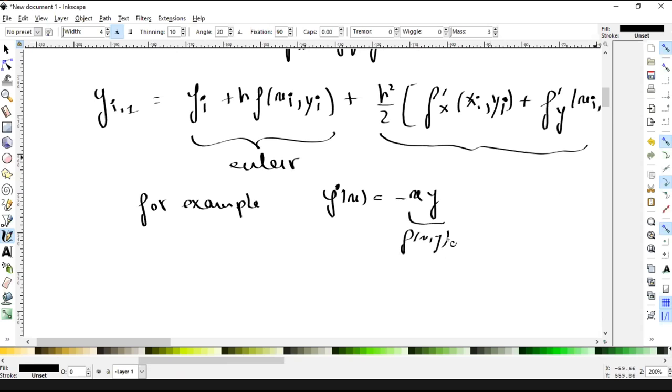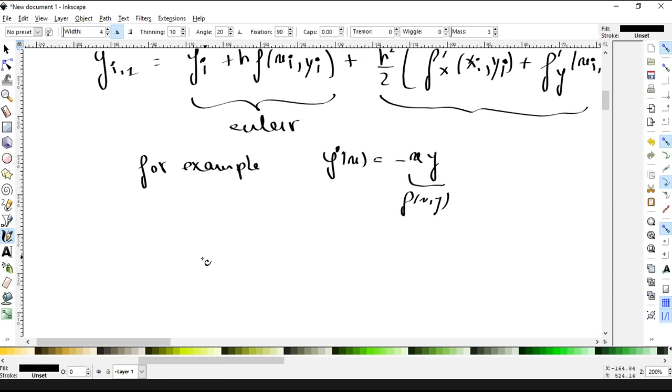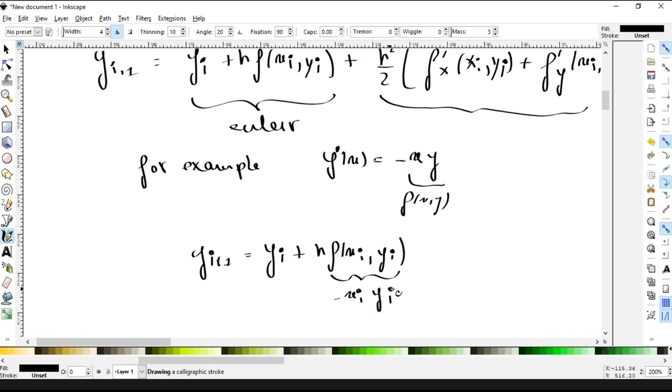So for this scheme, for this problem, you get y_i plus 1 equal to y_i plus h of f of x_i y_i, where f of x_i y_i is minus x_i y_i, plus h square over 2, minus y_i.